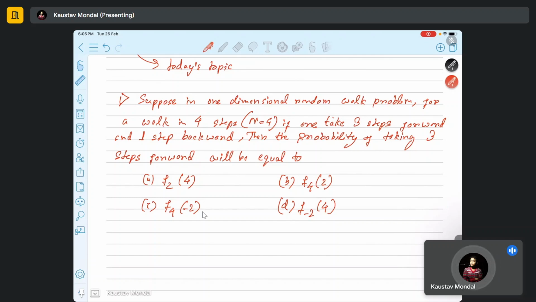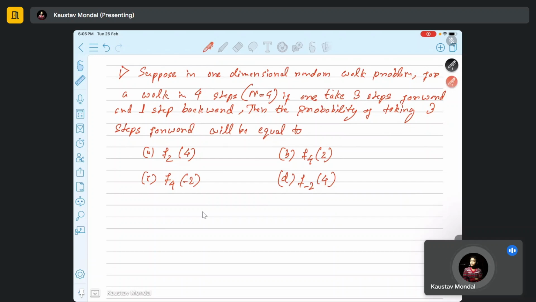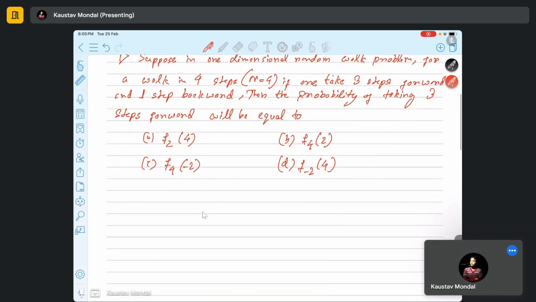And the information provided here is, suppose with every step you are flipping a coin.